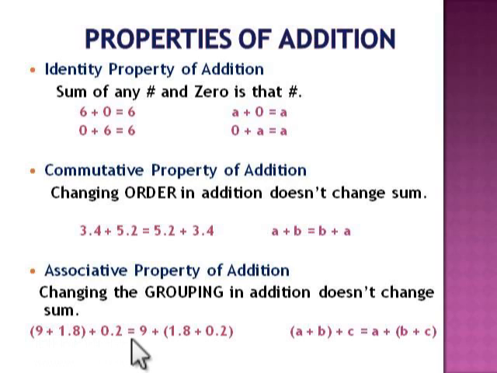On the other side of the equal sign, they have changed which numbers were grouped. The first time they grouped the 9 and the 1.8, the second time they grouped the 1.8 and the 0.2. So the equal sign shows you that it doesn't matter in which order they are grouped. You'll still get the same sum, as long as everything is adding, because it's the property of addition.